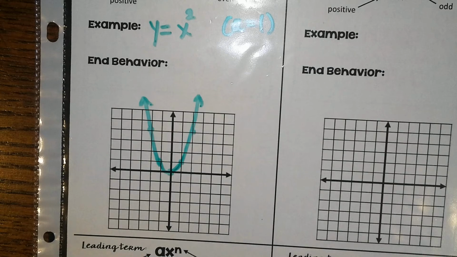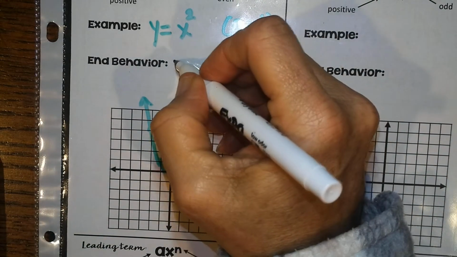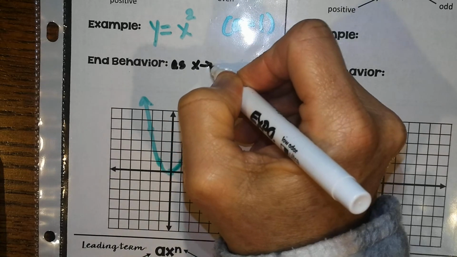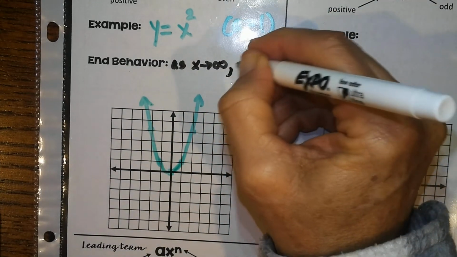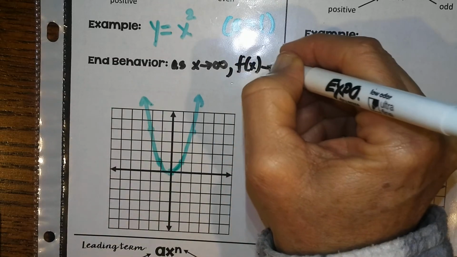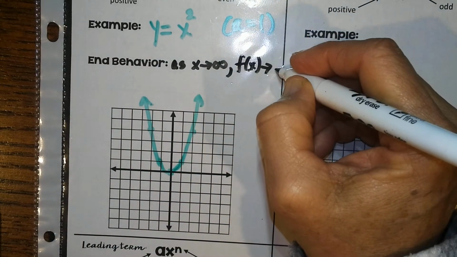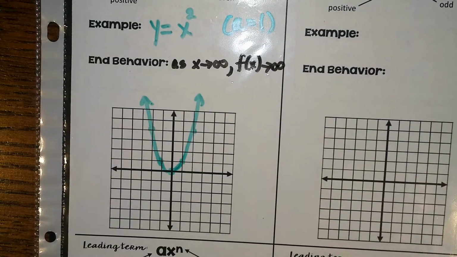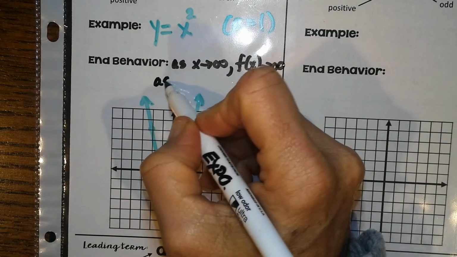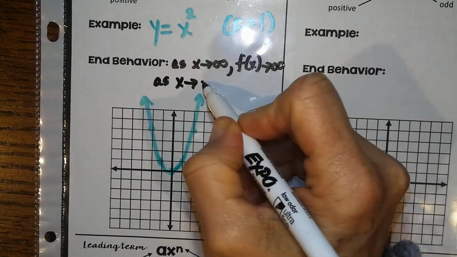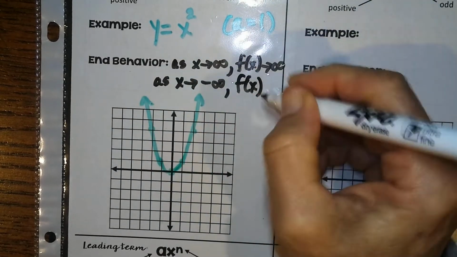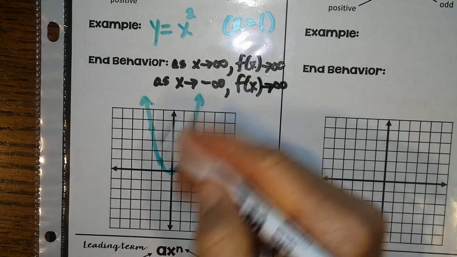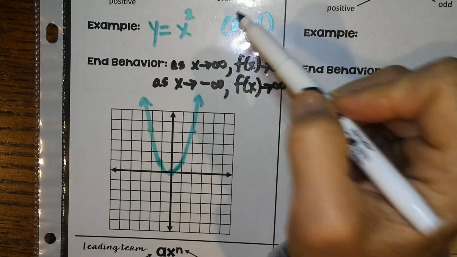So the end behavior that we would write is as x goes to the right, f of x goes up. As x goes to the left, f of x also goes up. So they're both going up on a positive even.